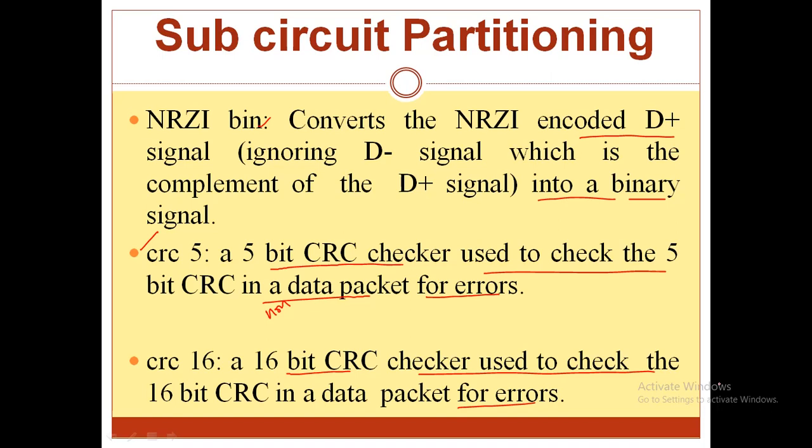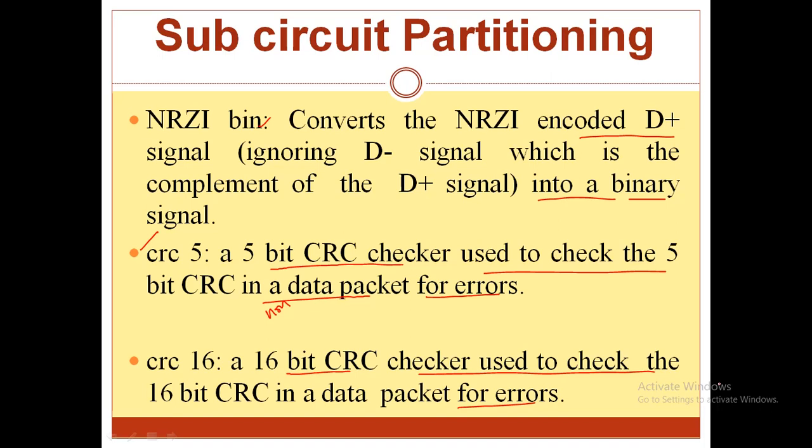NRZI is nothing but some encoding technique. Based on this encoding technique we can send the data to the receiver. Once the data is received at the receiver side, we have to decode that data and convert it to binary format.